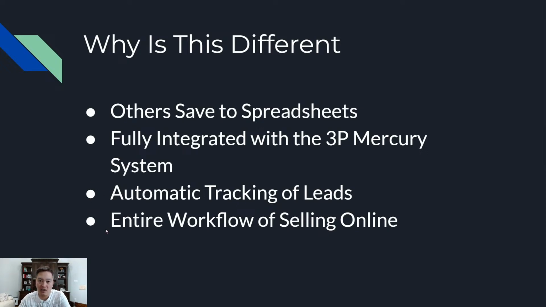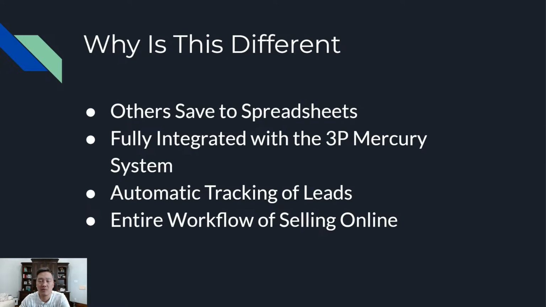So just to start off, with our application, and not just the mobile extension alone, but 3P Mercury itself: what makes 3P Mercury different, and why should you pay attention to this program? Most, if not all, applications out there default to making you save your leads to a spreadsheet.